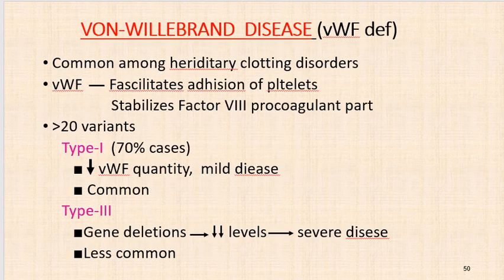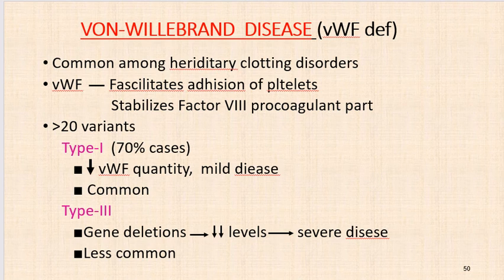The next condition in this group is von Willebrand disease. In this condition there is deficiency of von Willebrand factor. This is common among hereditary clotting disorders. Von Willebrand factor facilitates adhesion of platelets, and it stabilizes the factor 8 procoagulant part.